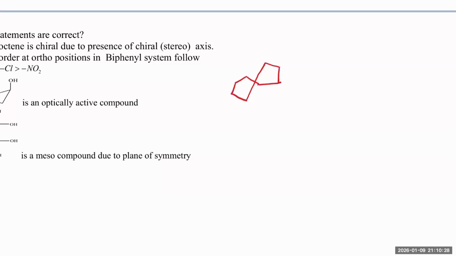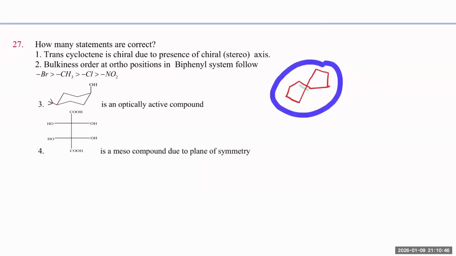And on this ring, if at all I make a double bond here like this. Now, this is one particular structural basis on which you can put a double bond there, or you can put the double bond here also like this. Correct? So here you can see this will become a trans-cyclooctene. Okay.